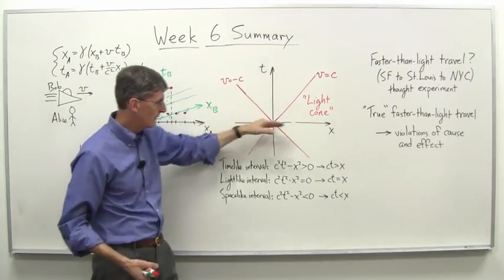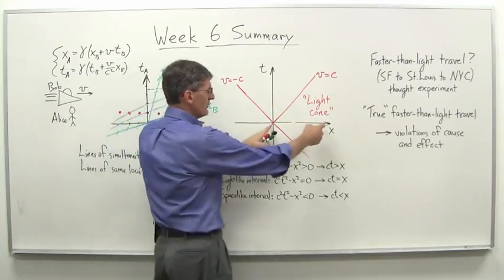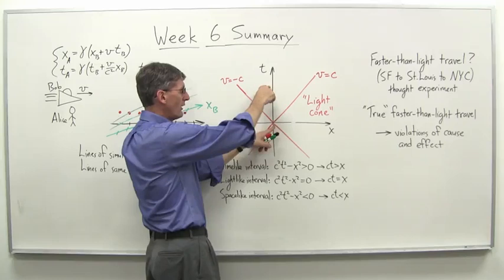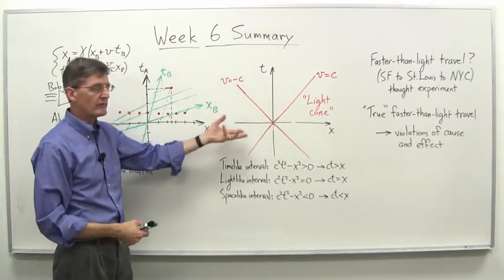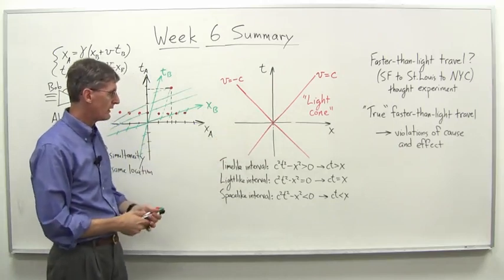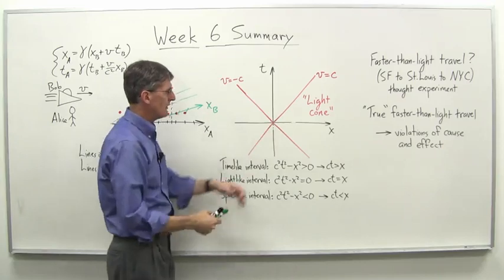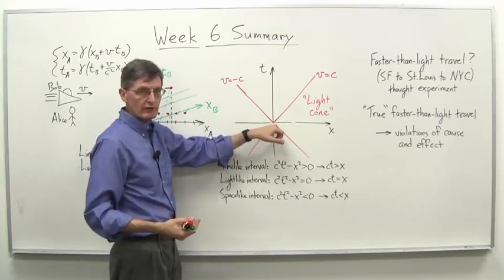In this case, it's moving along the x-axis at a velocity of c, which means it goes maybe 1 light year here in 1 year of time, or 1 light day in 1 day of time, and so on and so forth. So we call this the light cone because as we analyzed it further, we said, if this is an event right here, or we're standing right here, can we influence events later in time?